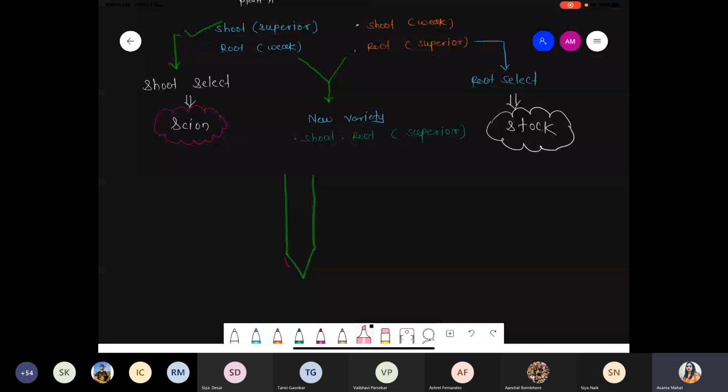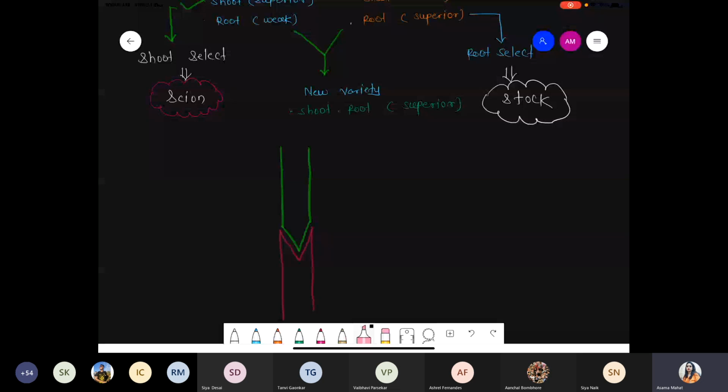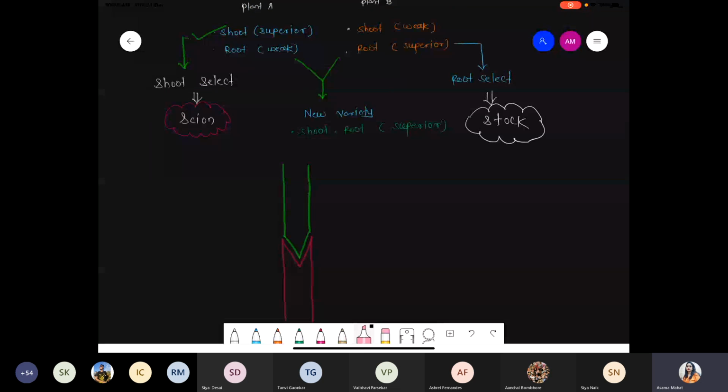You can create a V cut and with the help of the V cut, ultimately you can join them with grafting clay or grafting paper, you can wrap it. And ultimately what happened? When we create a cut, the cambium gets exposed, undergoes cell division, and they can join the entire xylem and phloem with each other.